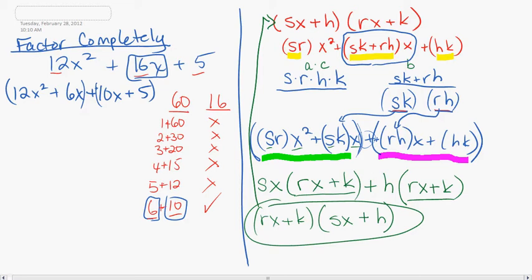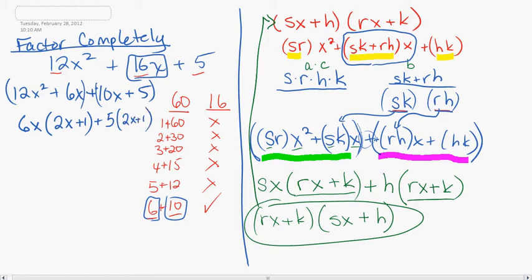So again, what does this look like in the specific case? The greatest common factor between 12x squared and 6x is 6x. When I factor that out, I should be left with 2x plus 1. Likewise, the greatest common factor of 10x and 5 is 5, and when I factor that out, I get 2x plus 1.